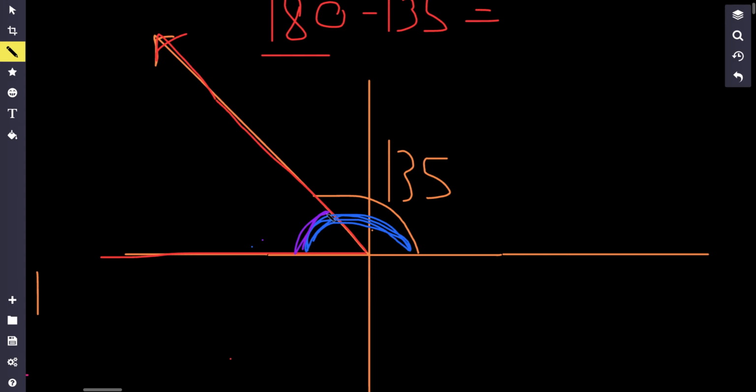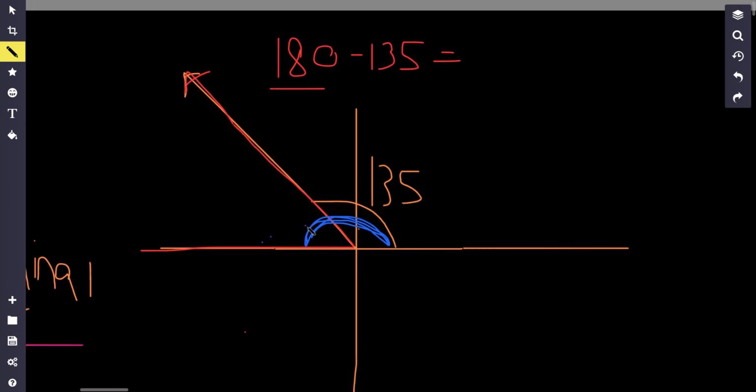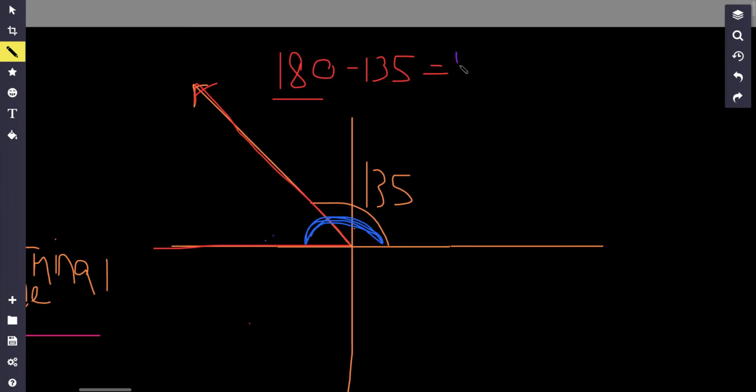If I take the whole 180 and subtract 135, which represents this part, the only remaining angle is my reference angle on this side. 180 minus 135 is 45, and that is the reference angle.